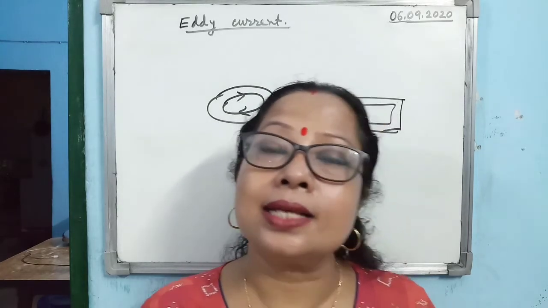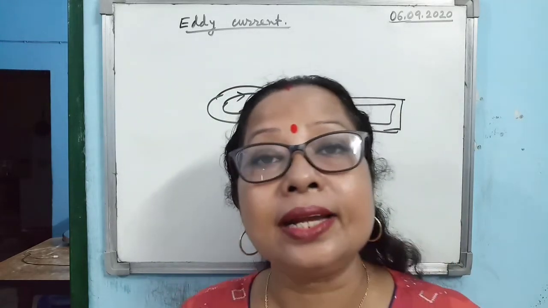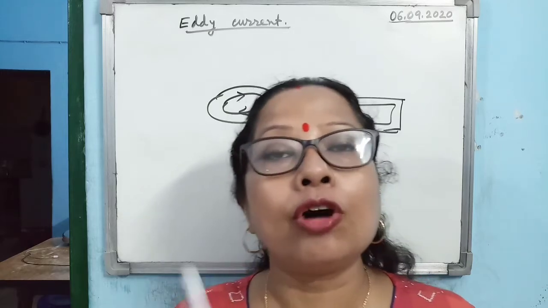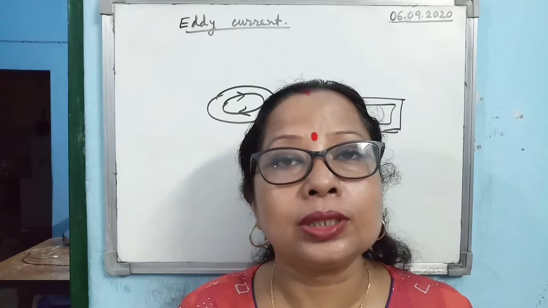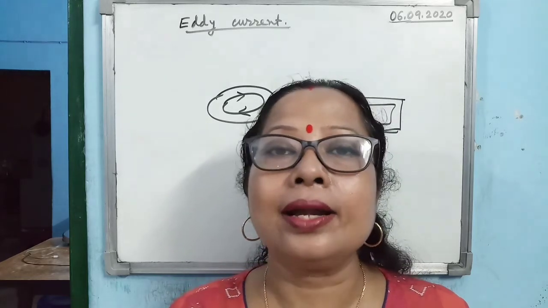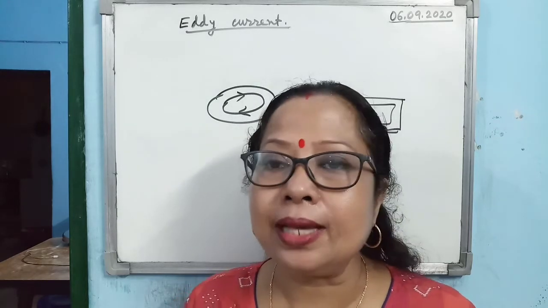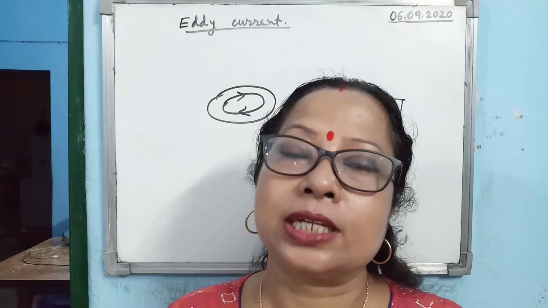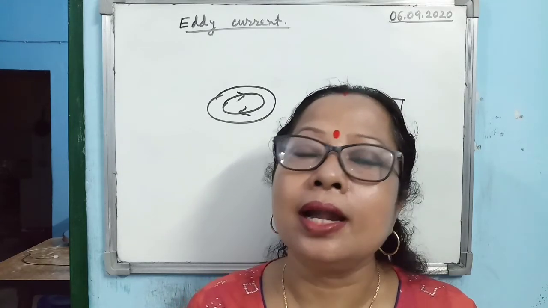Alright, in that case we use the concept of eddy current. By using the eddy current, the motion of the pointer of the galvanometer is damped, so that momentarily it can attain the rest position. That is known as damping. Then in induction motor, induction furnace, electric brakes, the concept of eddy currents is used.